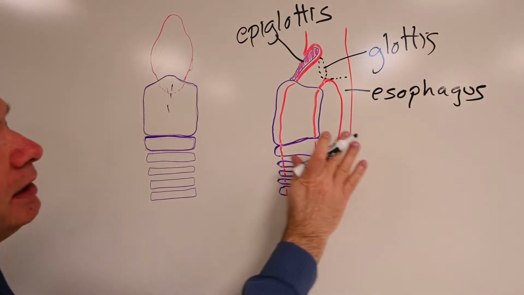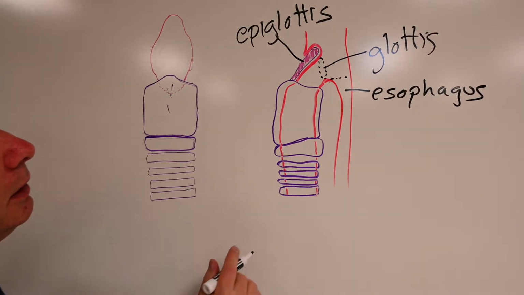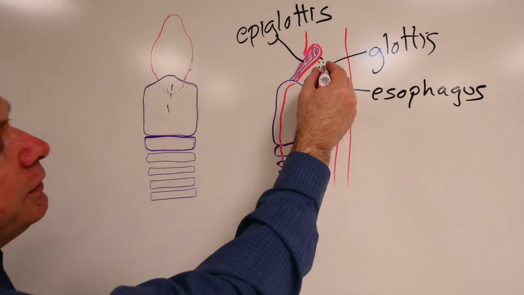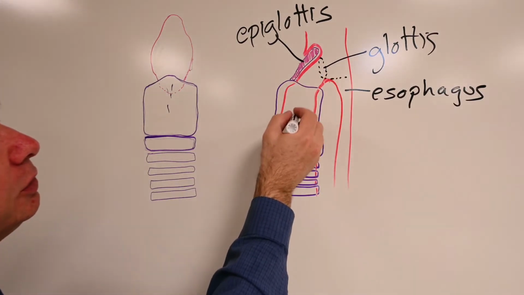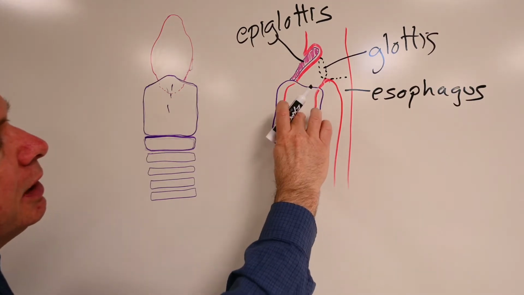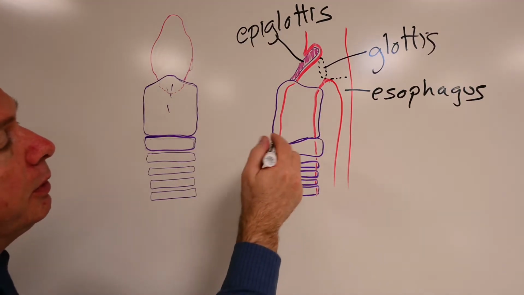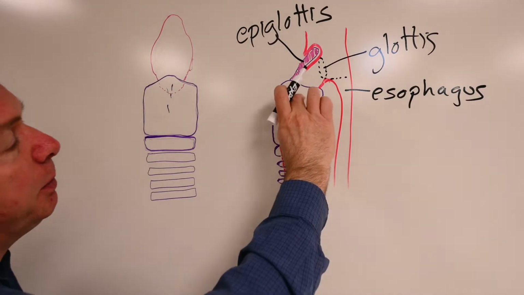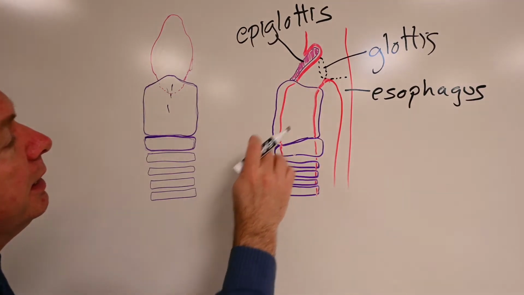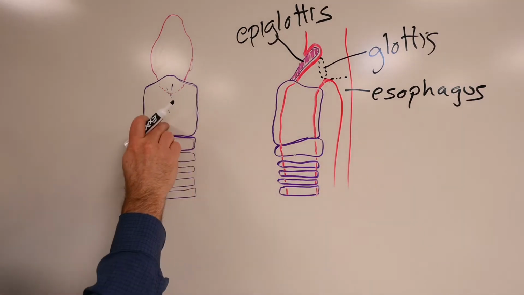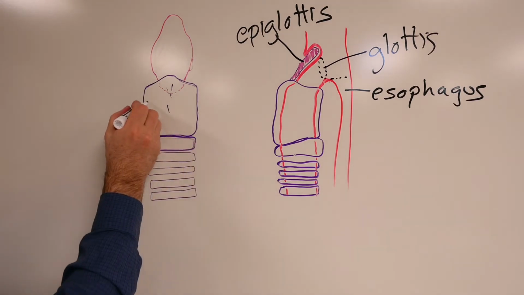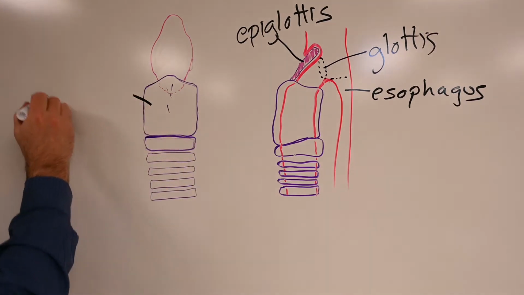Here is a side view looking at the upper respiratory system. So this opening right here leads into the first section of what we call the windpipe, or lower respiratory system. And this plate of cartilage right here is the same as this plate right here. We're going to label that. That's the thyroid cartilage.